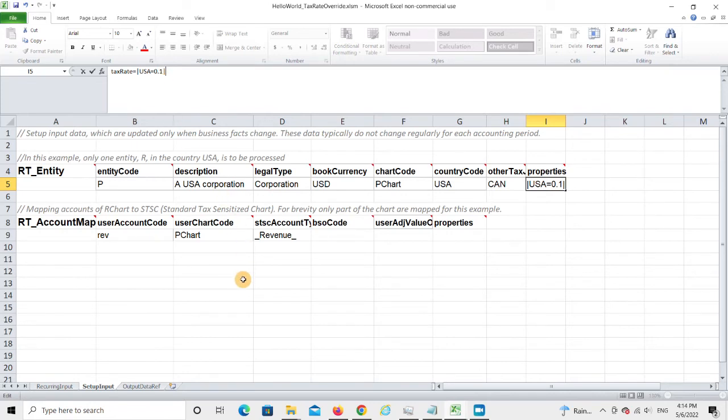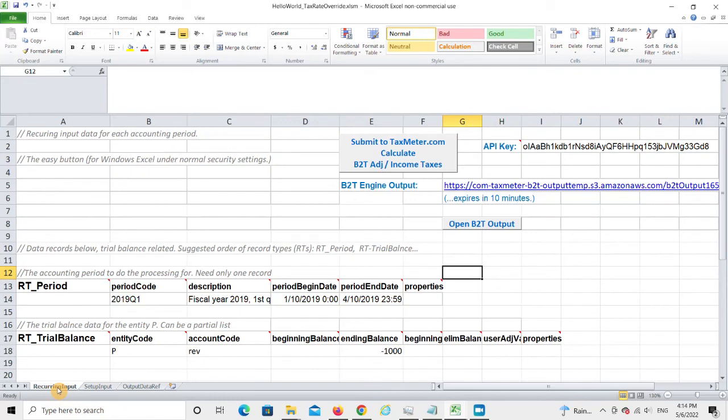So that is it. Now we're going to save it, and we're going to go to recurring input, use the easy button, and submit it again. And it's done. And we open the output file.